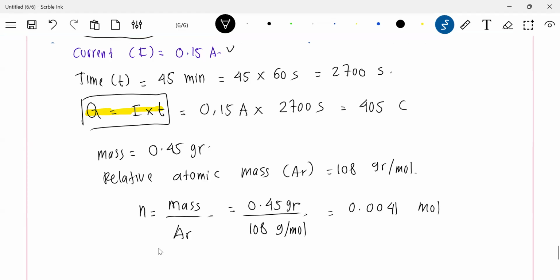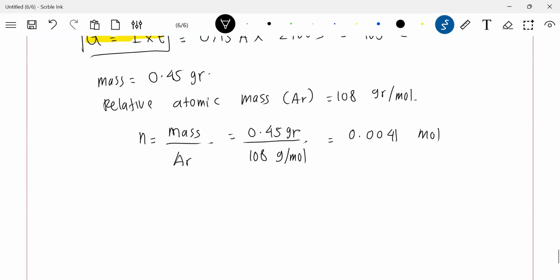Okay, next step, to calculate the charge of the mole of electrons. Next step, to find F. The charge on the mole of the electron, the Faraday constant, is Q divided by the mole.